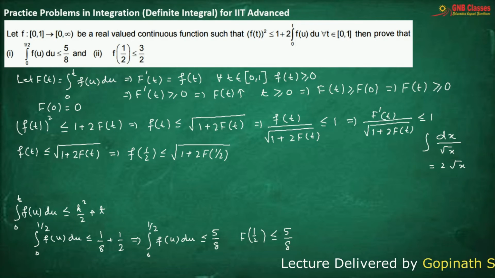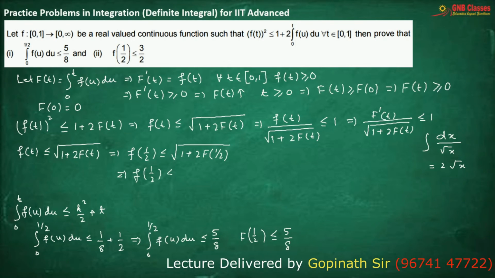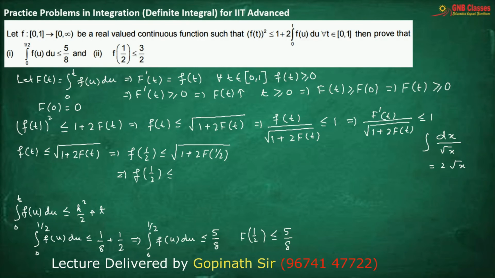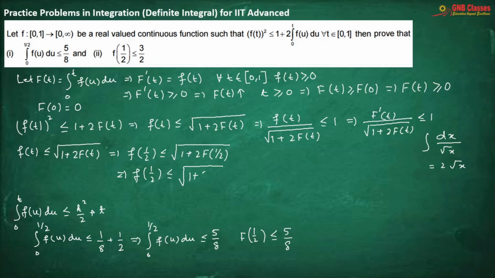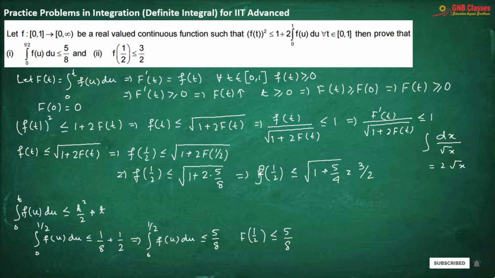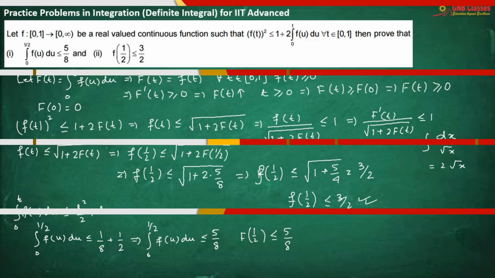So from there we can write f half is less than, since capital F half is less than or equal to 5 by 8, the square root of 1 plus 2 times capital F of half will be less than or equal to the square root of, that gives you 3 by 2. Therefore, the second part is also proved, that f of half is less than or equal to 3 by 2. Is it clear to all of you? Okay.